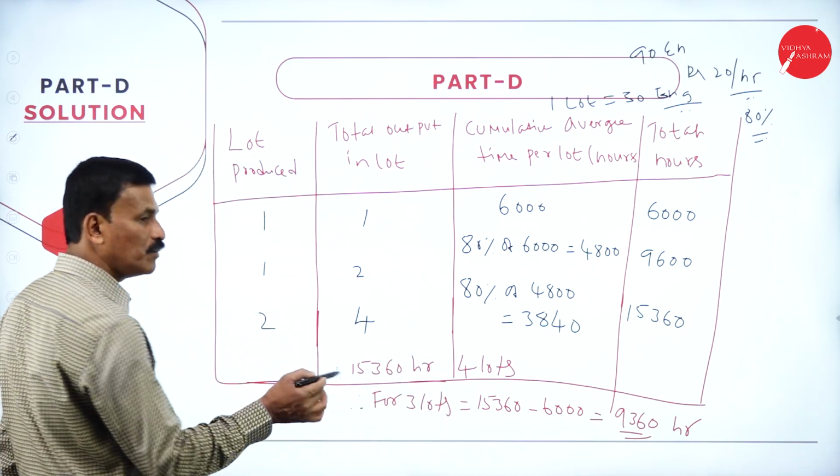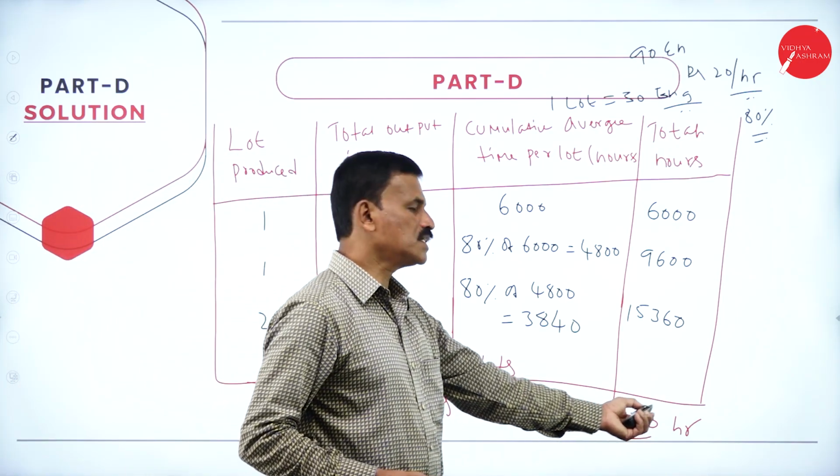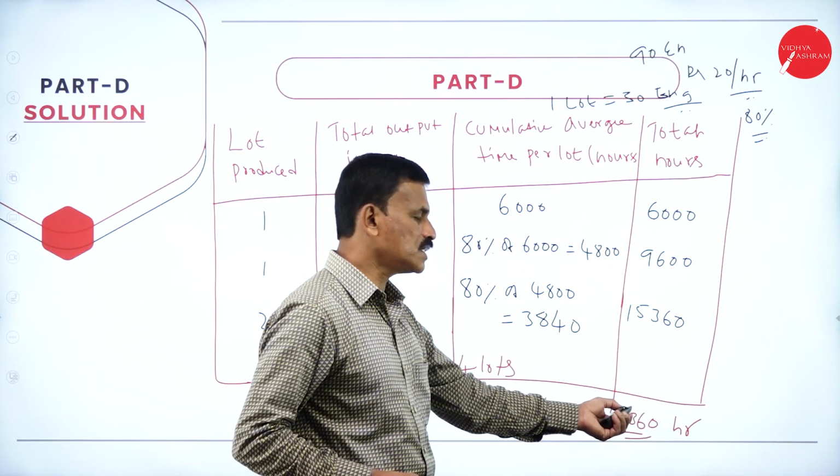So the total labor cost for 9,360 hours at rupees 20 is 9,360 into 20.